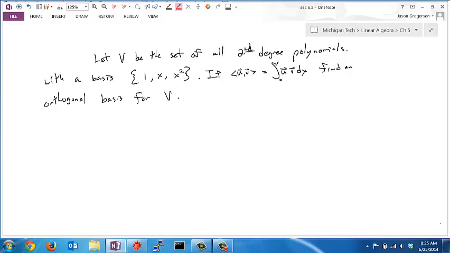What's the definition of a basis? A linearly independent set of vectors that span the space. Absolutely. So I have three vectors here, the vector 1, the vector x, the vector x squared. Are they linearly independent?